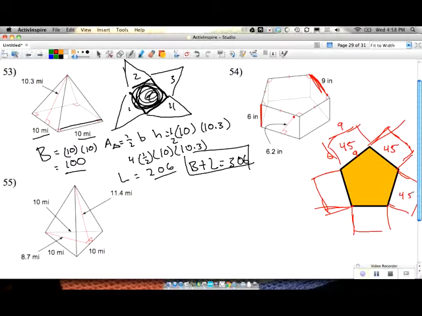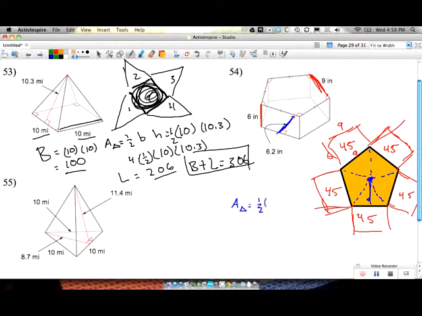Now for this piece in the middle, let's use a slightly more contrasting color, how about blue? We need to split it up into triangles. And all these triangles are congruent. Each of them is going to have a base of 9 and a height right here of 6.2. So let's figure out one of those. The area of just one triangle would be half times 9 times 6.2.